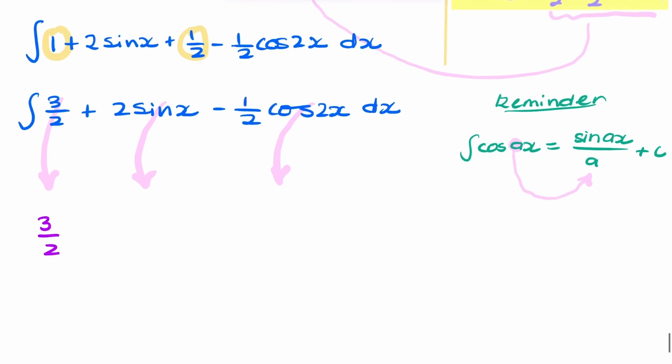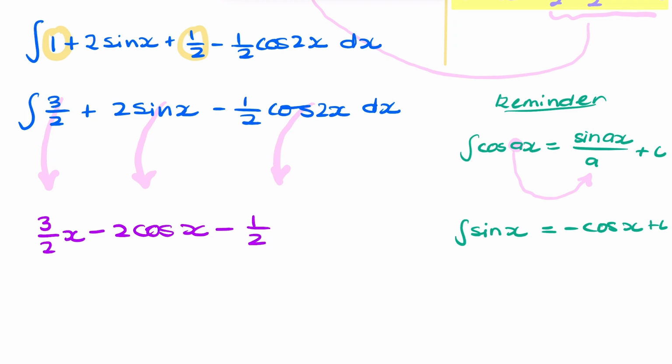It's 3/2 times x. The integration of sine, just as a reminder, the integration of sine x is negative cosine x. So I'll write minus 2 cosine x minus 1/2 times sine 2x divided by 2.